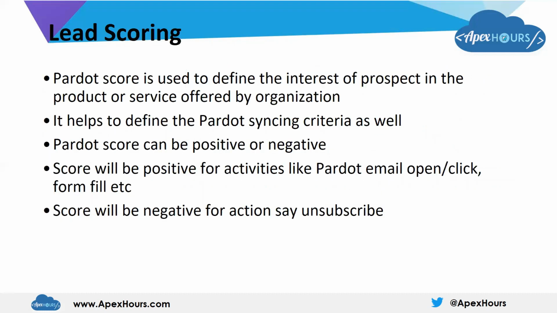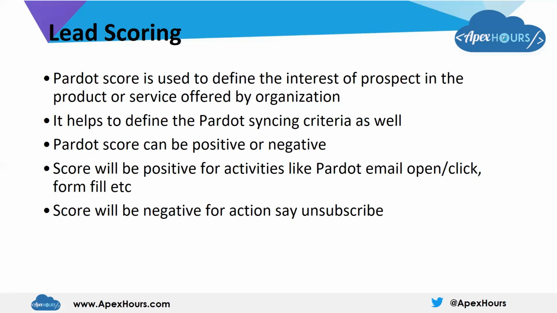About lead scoring, if we go into detail, the Pardot score is used to define the interest of prospects in the products or services offered by your organization. This interest can be calculated in various ways: if a prospect lands on your landing page, fills up a form, or submits a landing page, a score can be assigned to him.